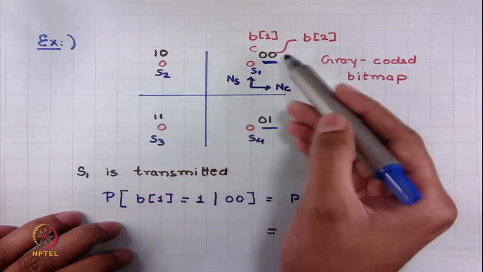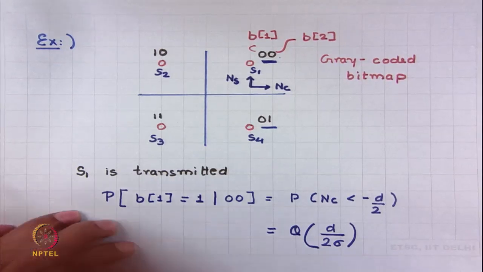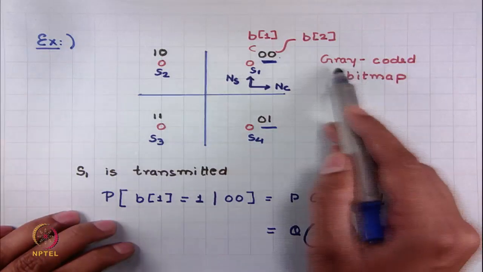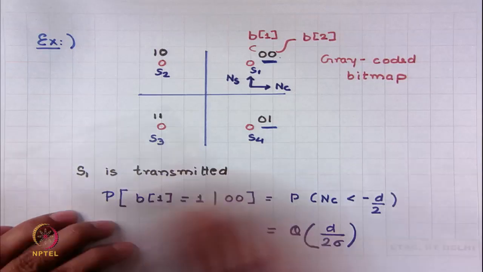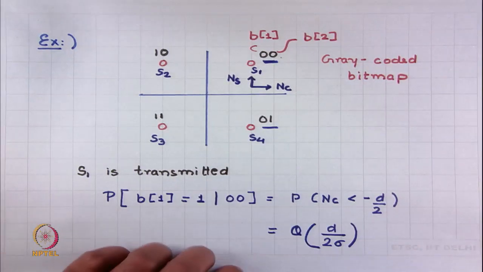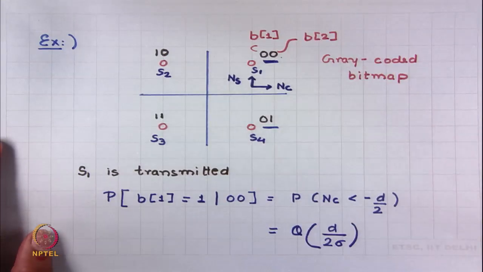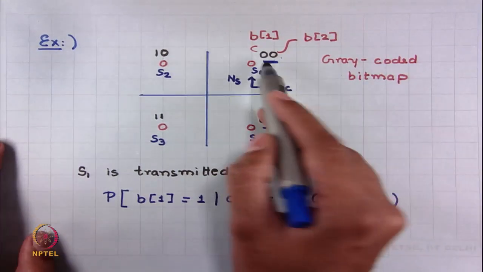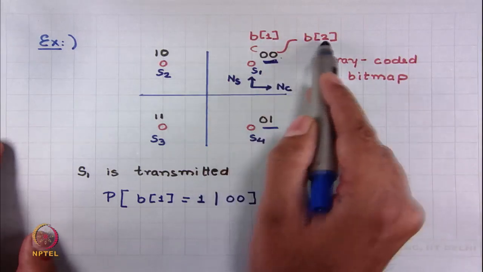So, what we are saying is that the nearest neighbors have only 1 bit difference if I am using what is known as gray coding. This is a gray coded bit map which makes sure that nearest neighbors differ only by 1 bit. Okay. And we have to find out what the bit error rate is if I am using this gray coded bit map. This bit I am calling B1 and the second bit I am calling B2.